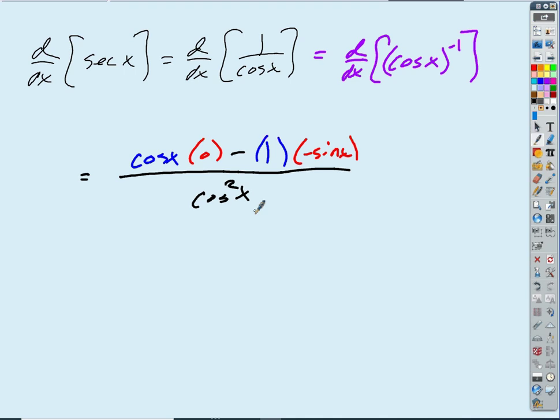Okay, so we could simplify that, right? And if we simplify that, we're going to get 0 plus sine x over cosine squared x. Is there an easier way to maybe write that?